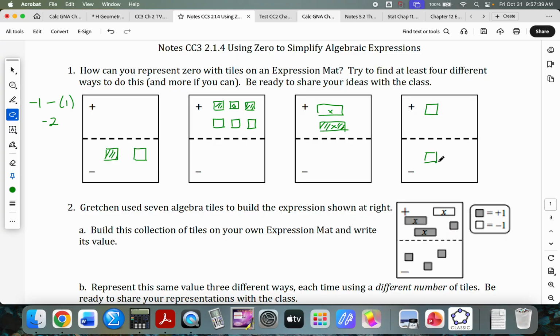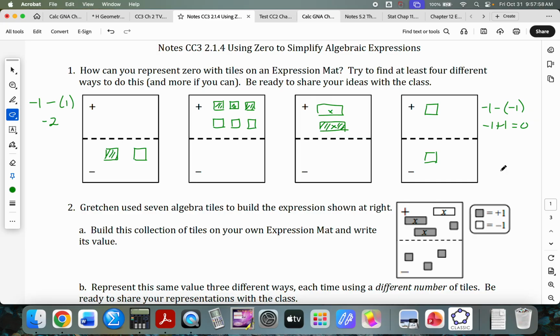Why? Because you've got a -1 minus another -1, which is -1 plus 1, which is 0.